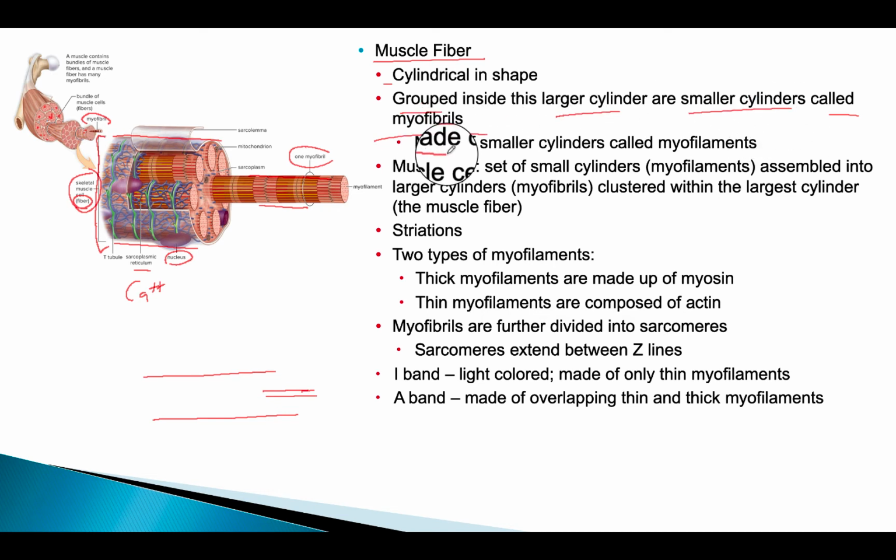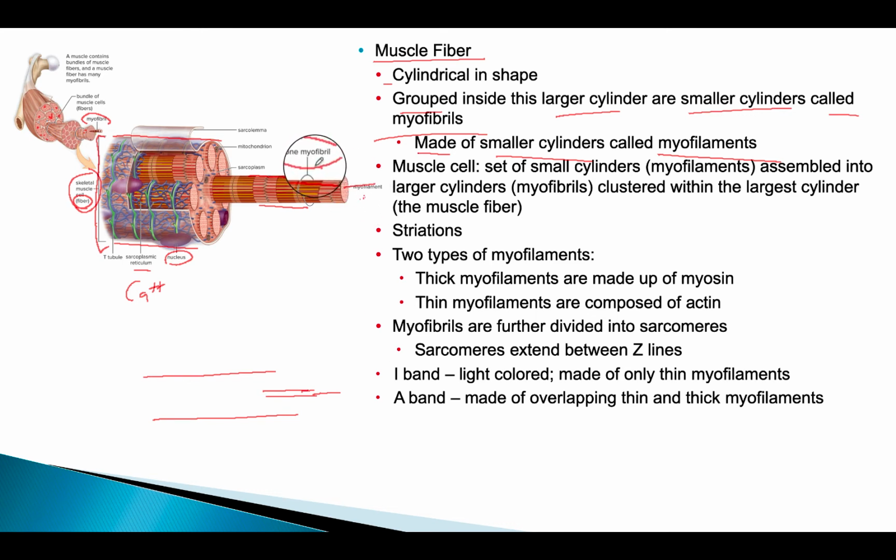They are going to be made of smaller cylinders still, known as your myofilaments. So inside this, now you have even smaller ones, known as your myofilaments. So myofilaments is the smallest one, becoming larger. Multiple myofilaments come together to form one myofibril.